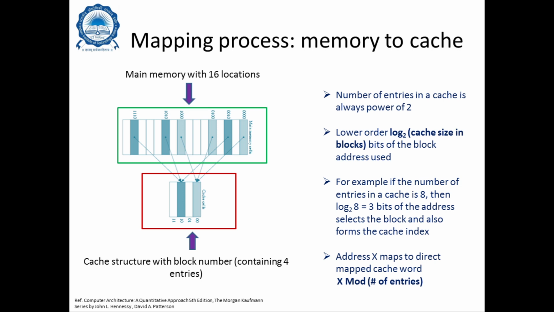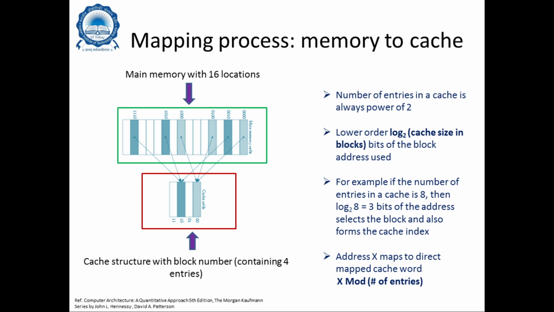Now if you see this diagram, the main memory that I have drawn inside the green box has 16 locations starting from address 0000, then 0001, then 0100 and so on. So there are 16 locations, 0, 1, 2, 3 till 15, and the cache structure that we see has 4 entries with the addresses 00, 01, 10, 11.